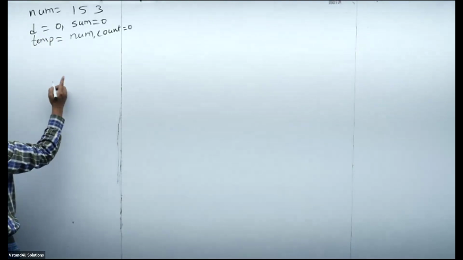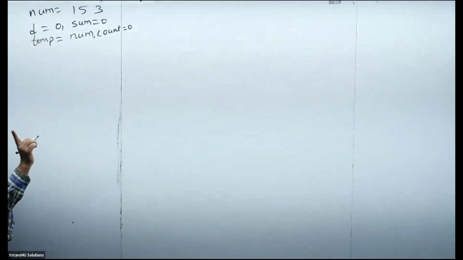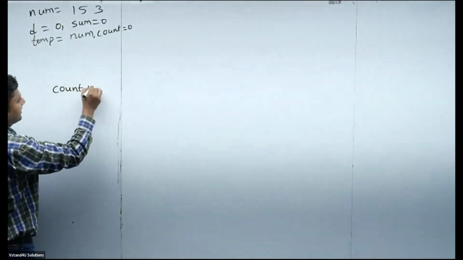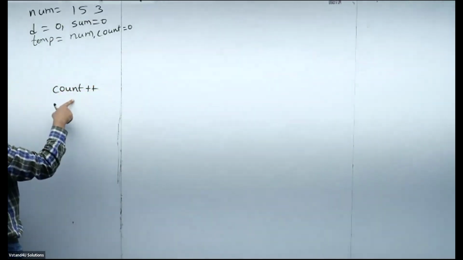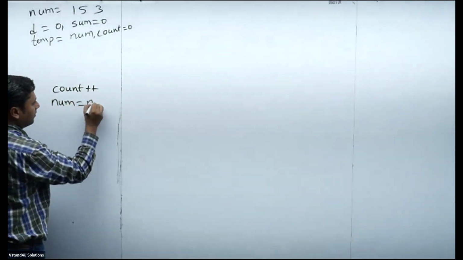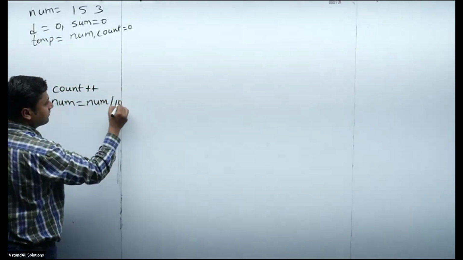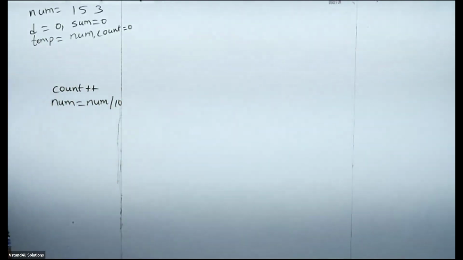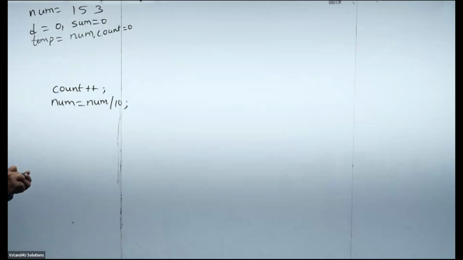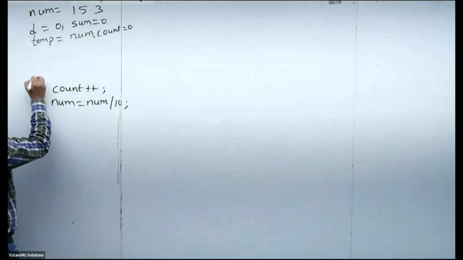Every time I take out one digit and increment the count. First you say count, then you say what? Divided by. How long shall I keep doing this activity, sir?